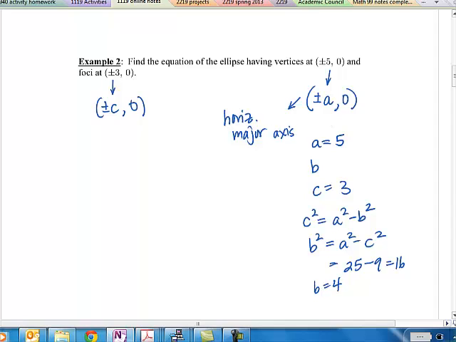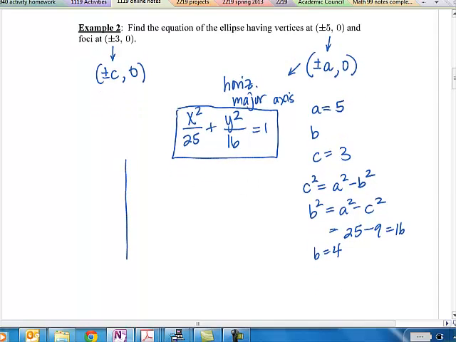All right, since the horizontal axis is the major axis, we want a squared underneath x squared. So x squared over 25, and then y squared over b squared, which would be 16, equals 1, should be the equation of this thing.